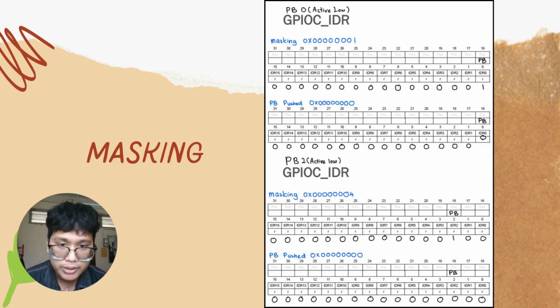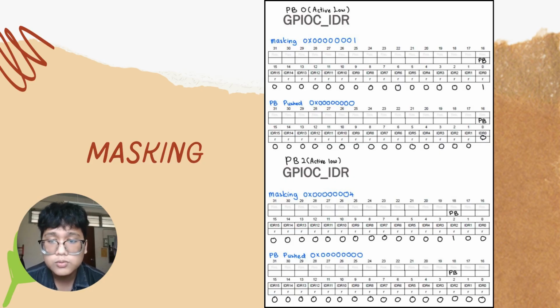Now for port B2, for the masking we put the value 1 at port B2, so the last four numbers will be 0, 1, 0, 0, which is 4, and the total masking will be 0, 0, 0, 0, 0, 0, 0, 4.